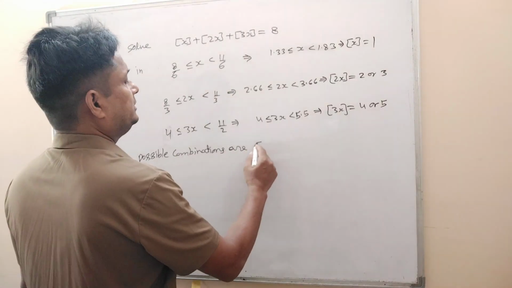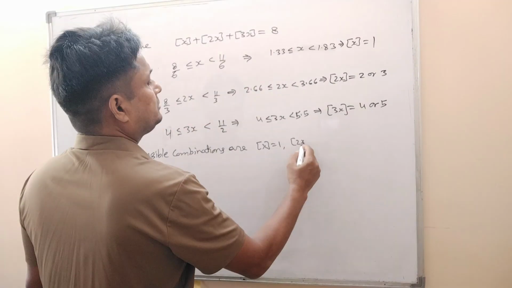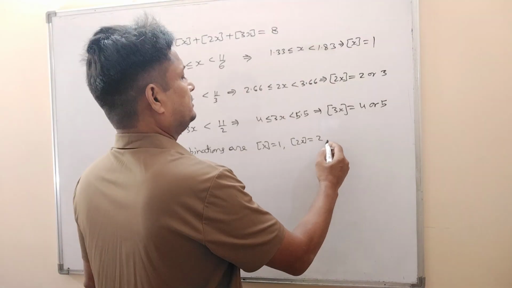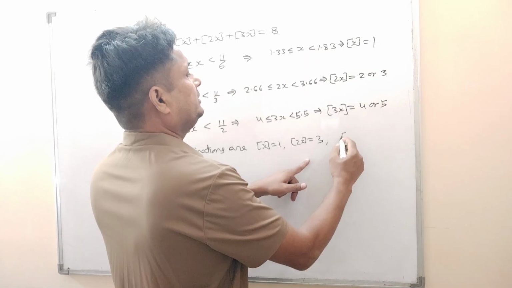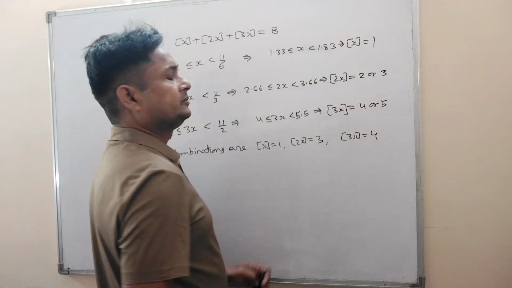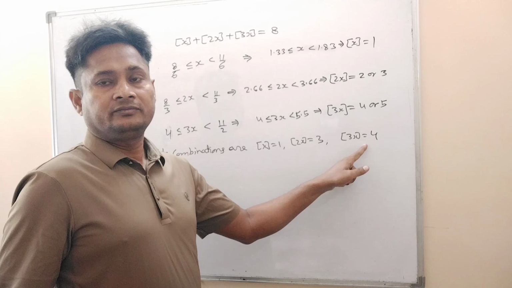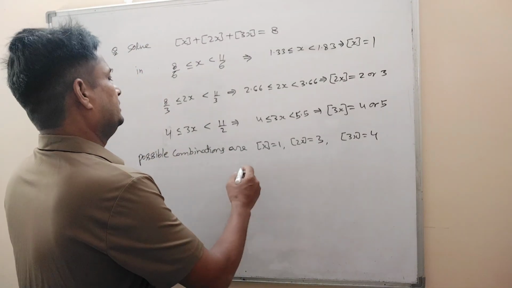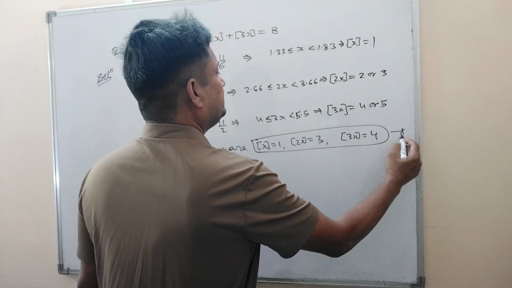The possible combinations are: greatest integer of x is equal to 1, greatest integer of 2x will be 3 and greatest integer of 3x will be 4, right? If you sum these three, it will give you 8. This is the first possible combination.